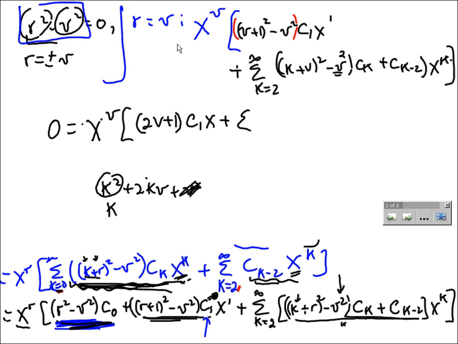And both of these terms clearly have a k in it. So we get k times k plus 2v. So it's the summation of k times k plus 2v c sub k plus c sub k minus 2.